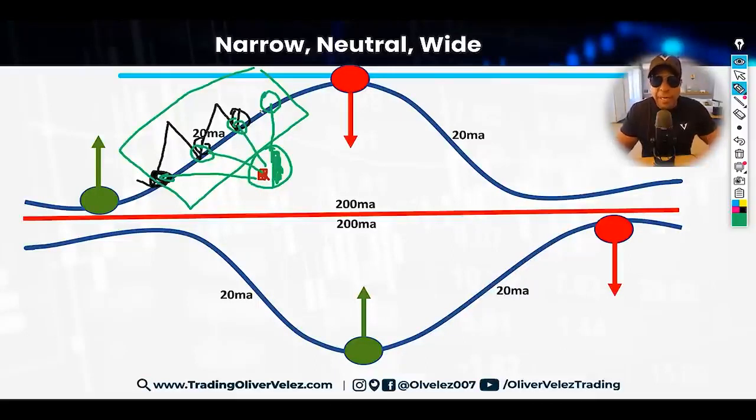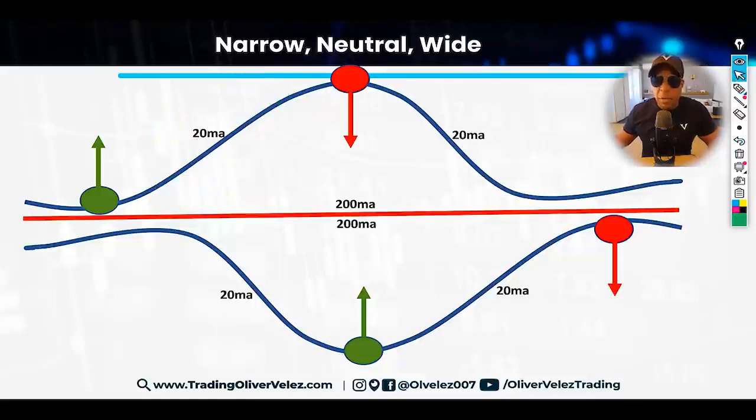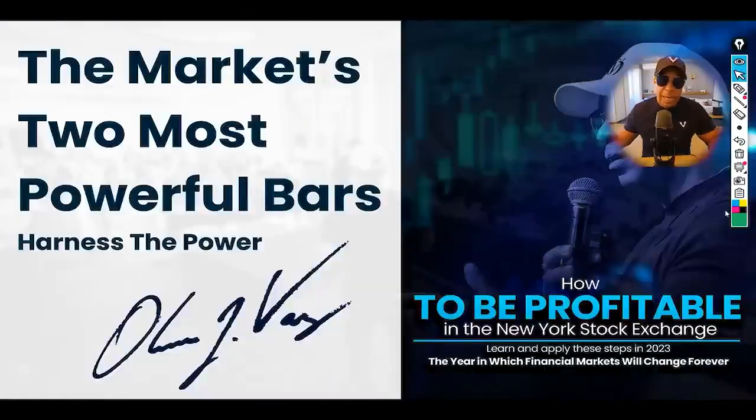Your mastery is going to come from being a good dot player, a green dot player and a red dot player. That's where your true mastery is going to come. And we can fill in the other things later, but I want you to be a good dot player. All right, let's go. Now, let's talk about the market's 2 most powerful bars. Now, guys, listen to me carefully.